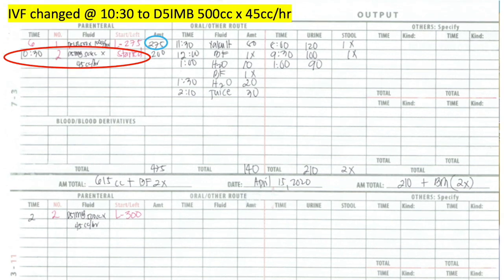And then the IVF was changed at 10:30 to D5IMB, so IV number 2, D5IMB, 500 cc times 45 cc per hour. Since it has just started, you will write "started." And then, at the end of the shift, you will write the amount consumed is 200 during your shift.